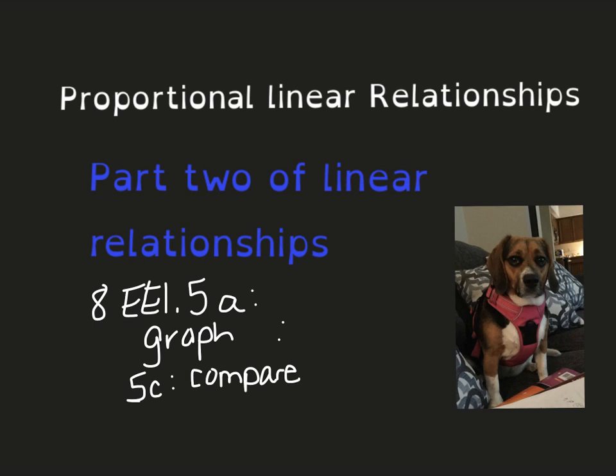Just like I told you before, you can see them in tables, in graphs, ordered pairs, equations, diagrams, verbal descriptions, whatever. You're going to have to be able to do all of that stuff that we did with constant rate of change with proportional relationships. So a lot of this lesson is going to use the same problems from the constant rate of change.